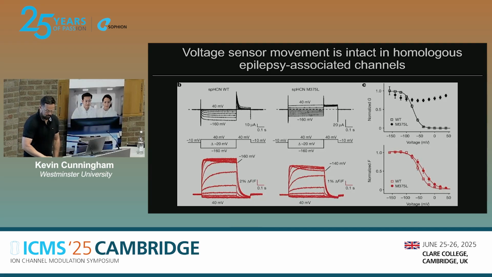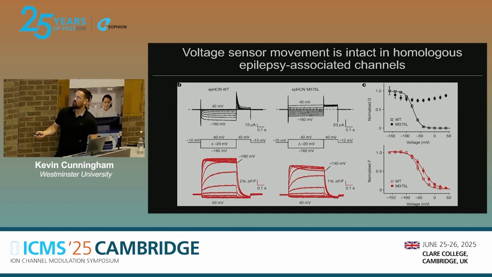So when we looked at the homologous mutation with the sea urchin model, we found that that S4 movement was exactly the, well, not exactly, but slightly shifted, but near enough wild type, looking with that open channel conformation across all voltages.